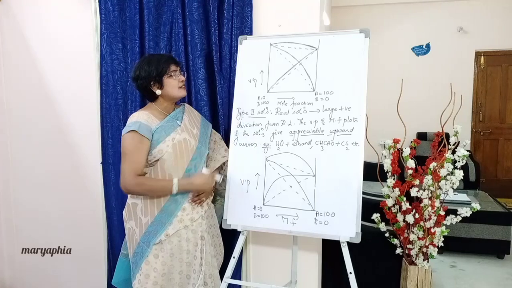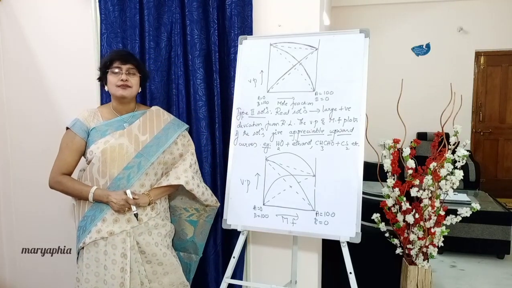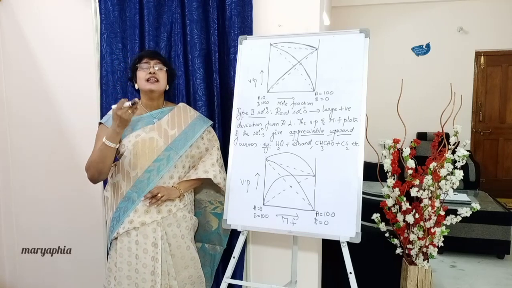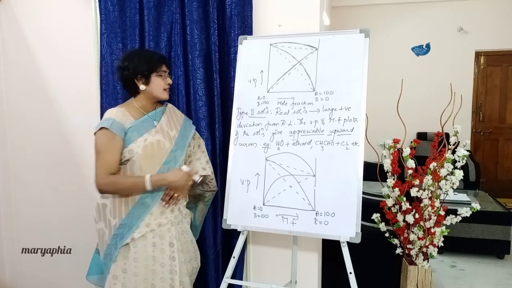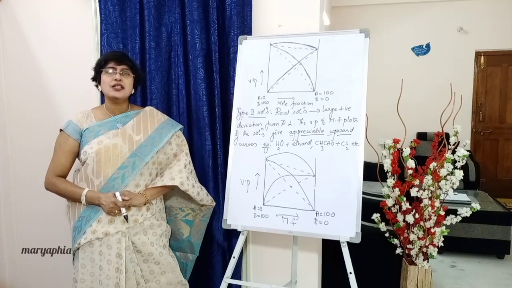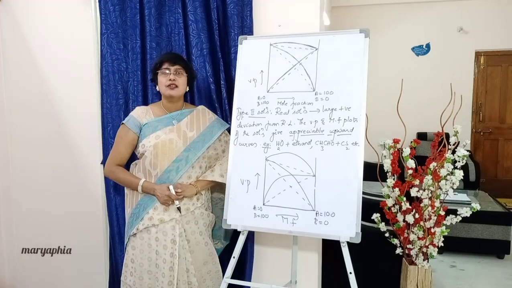Have you mentioned it, students? Please check once. Here, the real solutions show large positive deviation, so please correct it if you have not written type 1 solutions: the real solutions showing small positive deviation. Fine. Next, type 2 solutions. Real solutions showing large positive deviation from Raoult's law are called type 2 solutions.